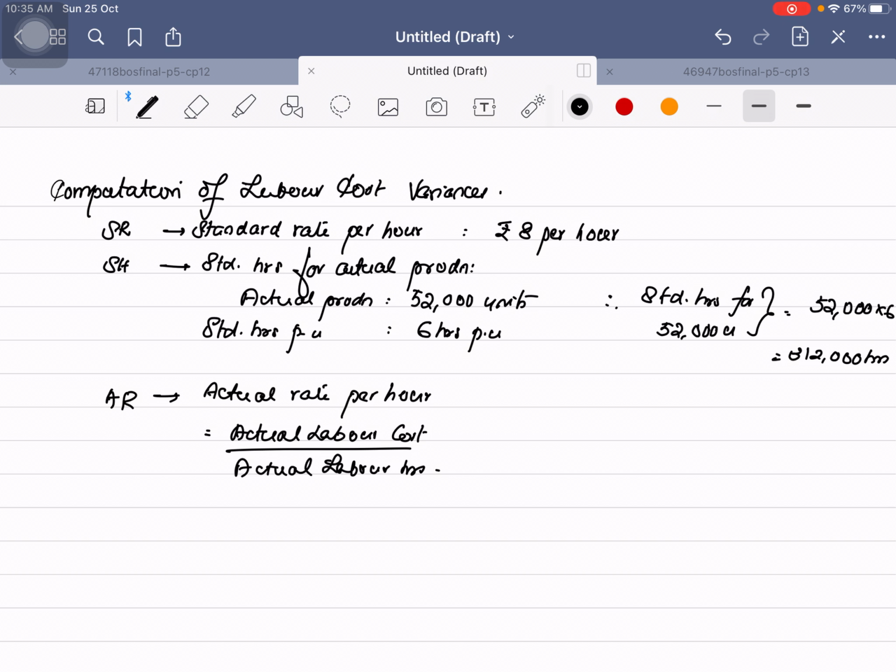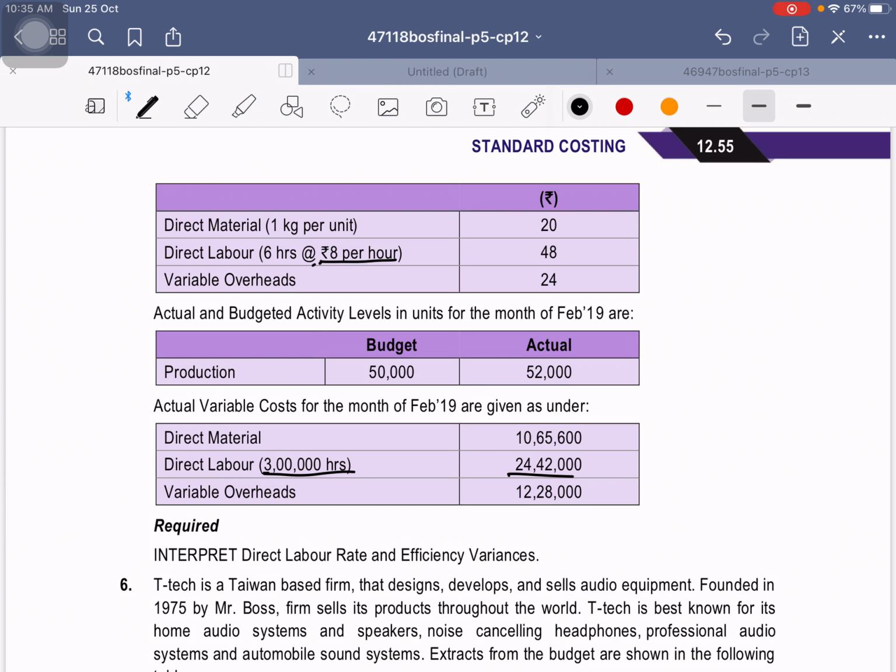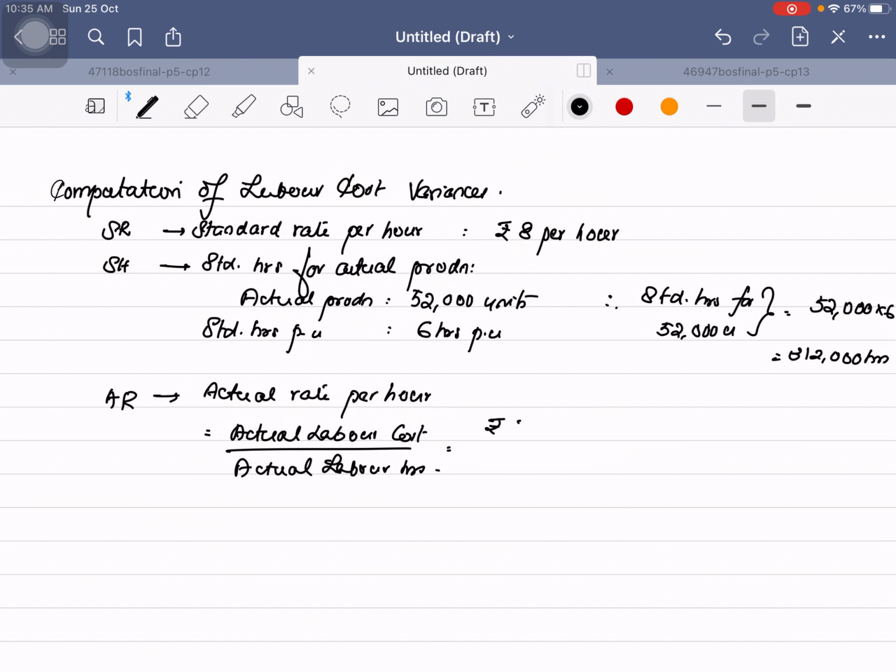Actual labor cost is rupees 24 lakh 42,000, and actual labor hours is 3 lakh hours. So that will give you rupees 8.14 per hour. Actual hours is given to be 3 lakh.